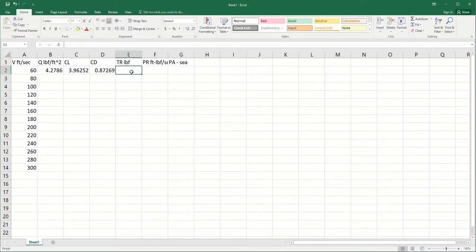And the thrust required is equal to the drag coefficient times the dynamic pressure times the wing area. And the power required is the thrust required times the velocity. So we got that.